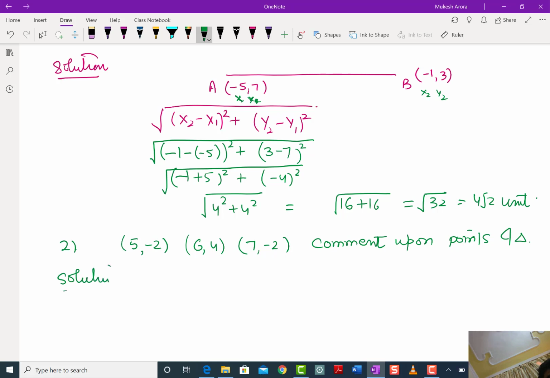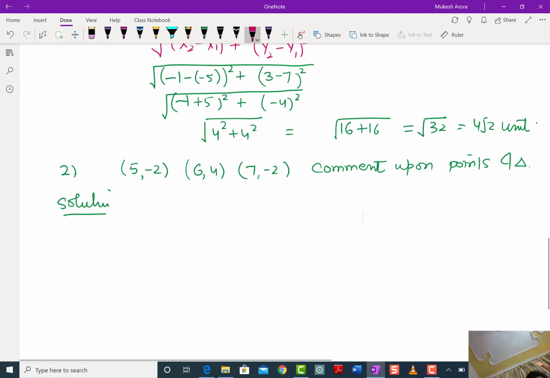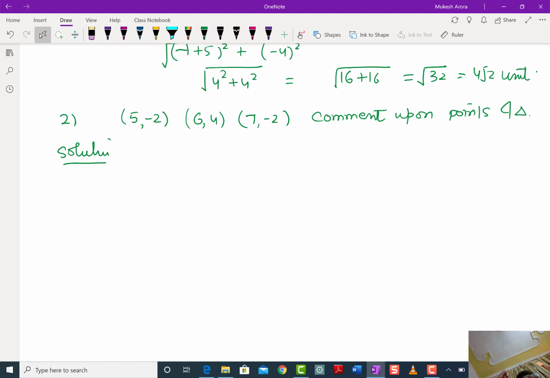Meaning, by the points of the triangle, first of all you have to find the distance, then you have to say whether it is an equilateral triangle, an isosceles triangle, a right angle triangle, or a scalene triangle. So for that we have to find the points. This is A, B and C.